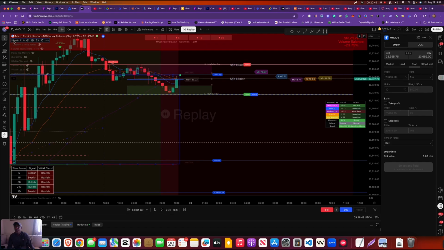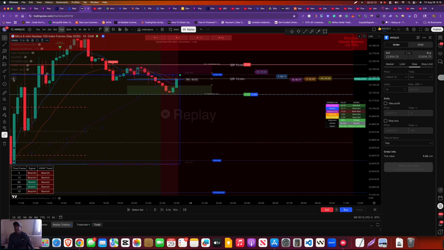I want to see what the reaction area is, RA. Reaction areas will be the walls. You get a reaction, whether up or down, you get a reaction. And momentum. Momentum and volume are almost the same, but one includes the other.